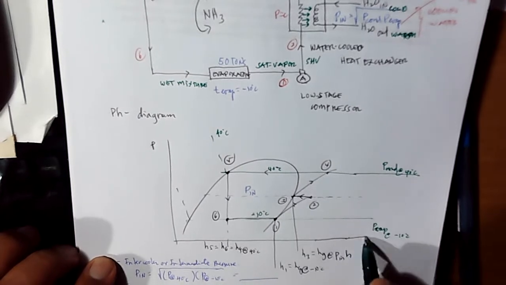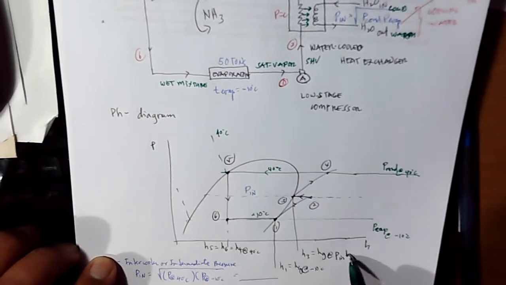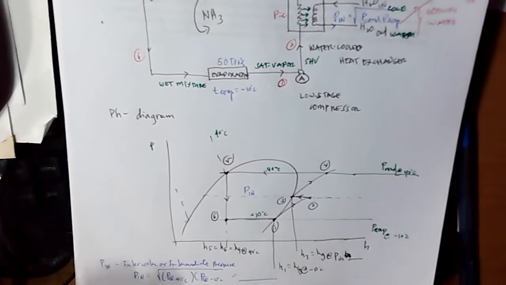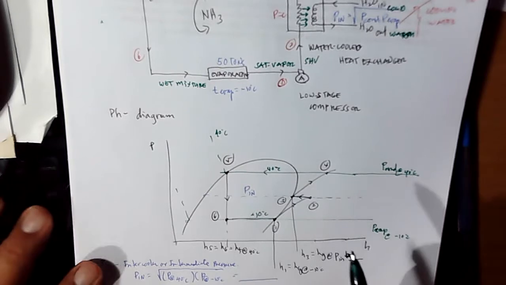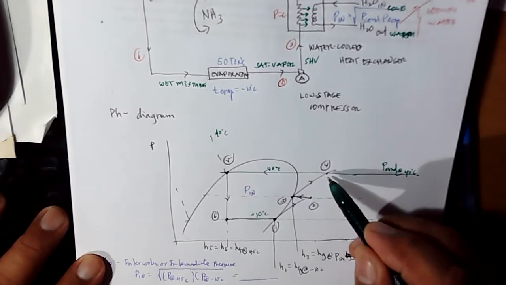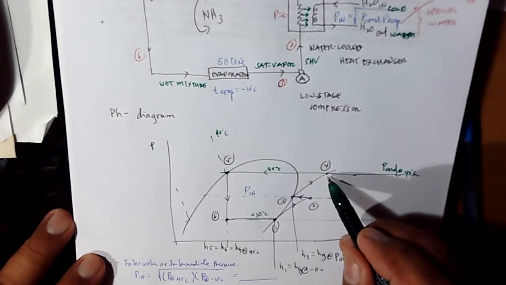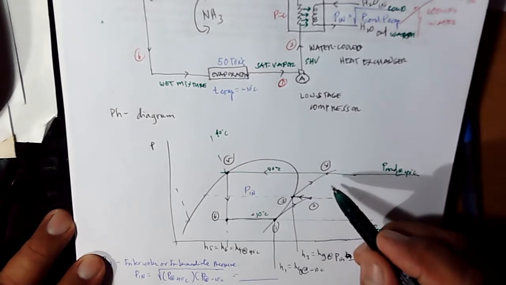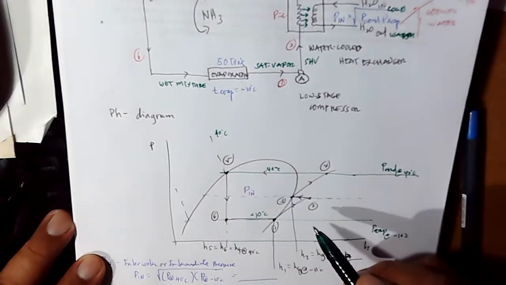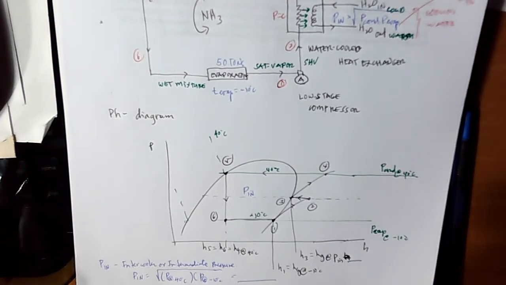Then enthalpy 2 and enthalpy 4 are found by chart, so you need to plot this into your chart using ammonia. So all in all, we have enthalpy 6, enthalpy 5, enthalpy 1, and enthalpy 3.